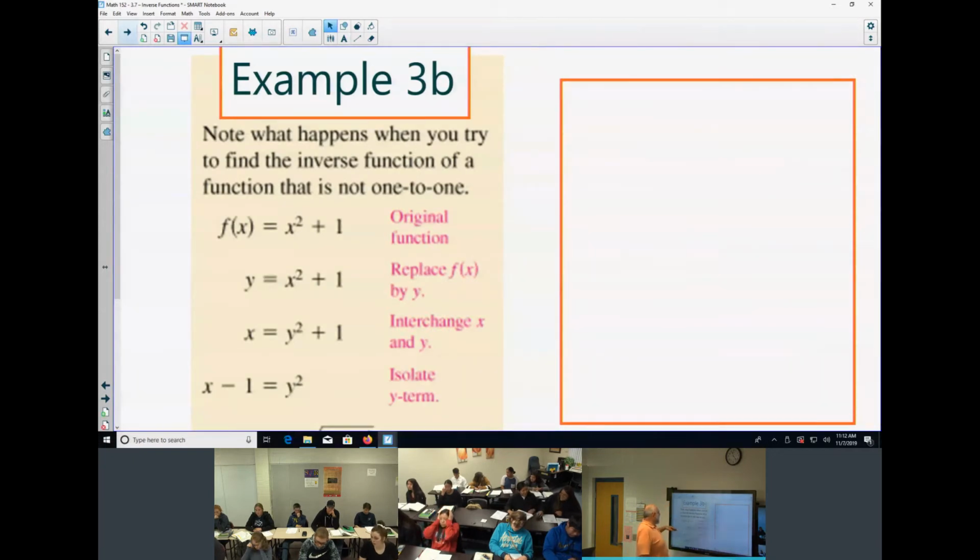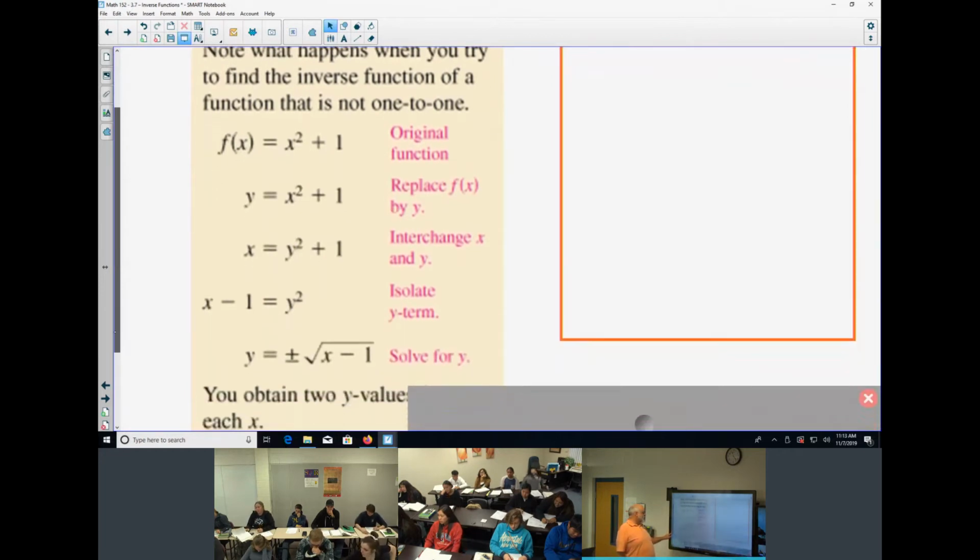Let's say I have my original function, and I'm going to find the inverse. Here I replace f of x with y, interchange the x and the y, and then solve for the new y.